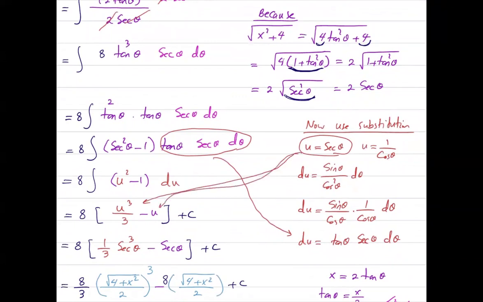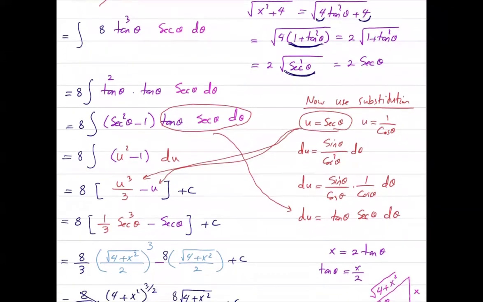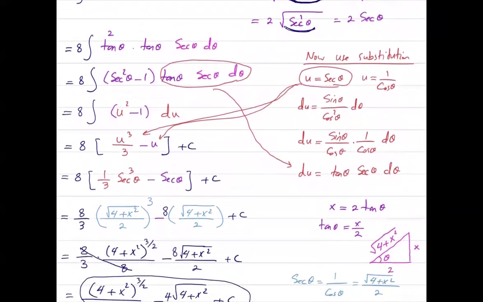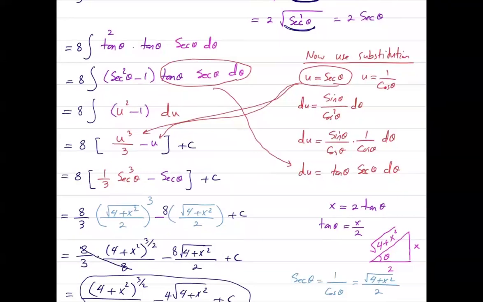But our answer is not sufficient because our original integral was in x. So we have to go back and use the hypotenuse to find cosine theta. Why? Because we have secant.